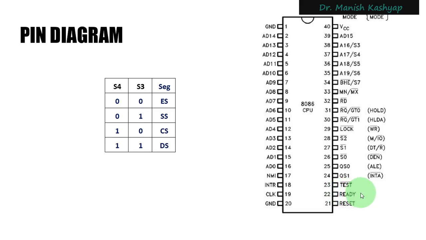If the value at this pin is 0, then the microprocessor will introduce additional bus idle cycles in the timing diagram. We have already seen timing diagrams for the 8085, and we know that for read or write some T states are required. If a slower device is connected here and the value at this pin is 0 while the microprocessor is trying to read from or write to that device, the microprocessor will understand that it needs more time because the device is slower.